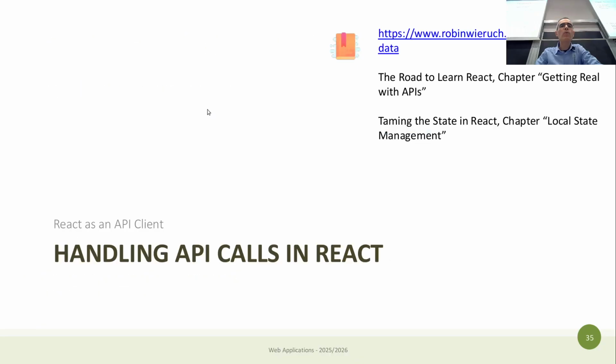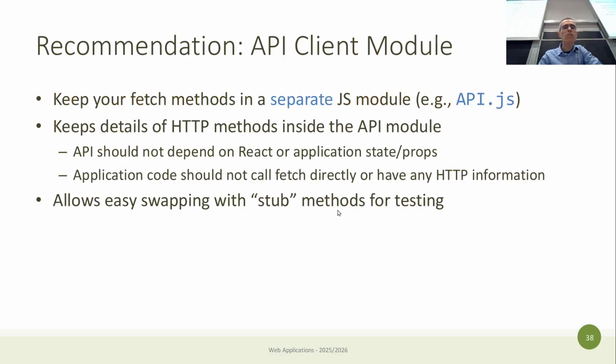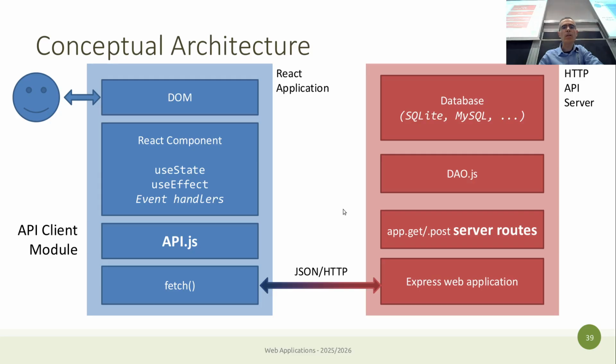So now we would like to handle some API calls, and just the first simple one, loading initial data, okay? We'll come back to this next time, but here I want to show you this conceptual architecture. The blue one on the left is the client, the right one is the server.